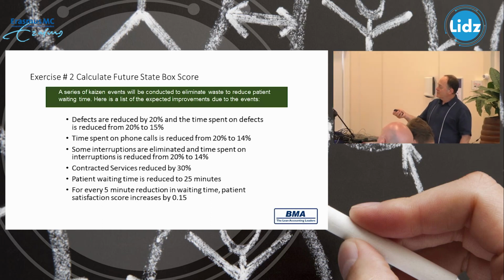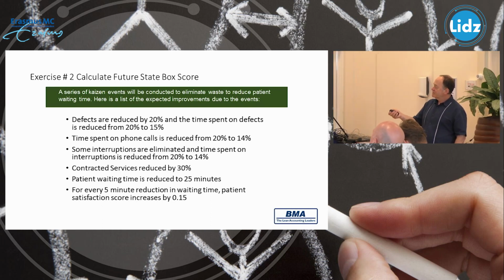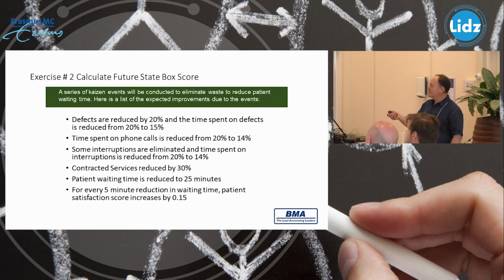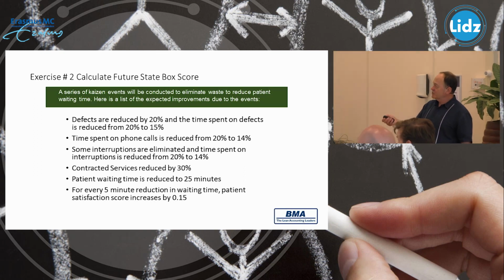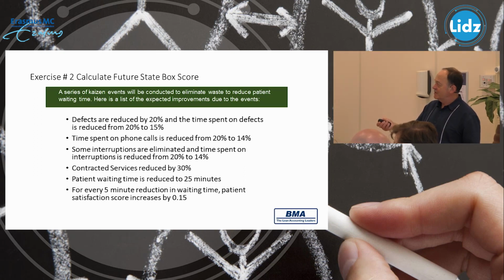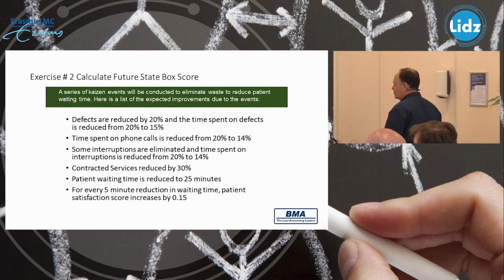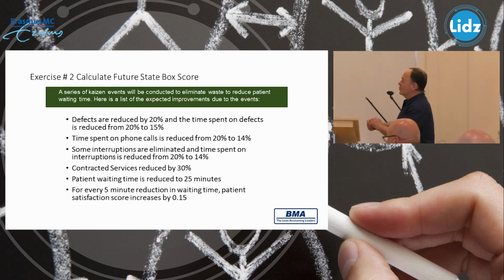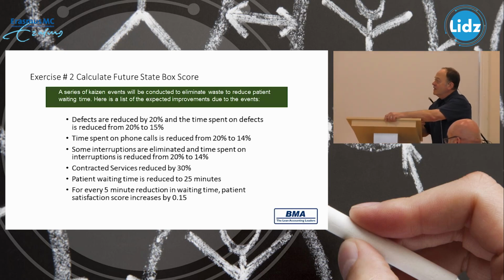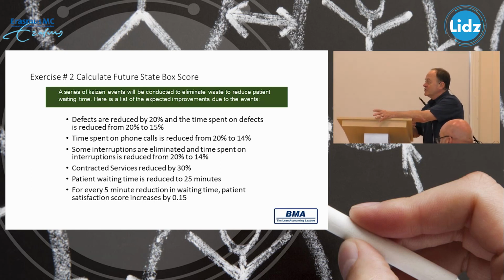Defects are reduced by 20% from whatever number they are, and the time spent working on defects is reduced from 20% to 15%. We're reducing the percentage of time spent on phone calls from 20 to 14%, and also the same amount of reduction on other interruptions.